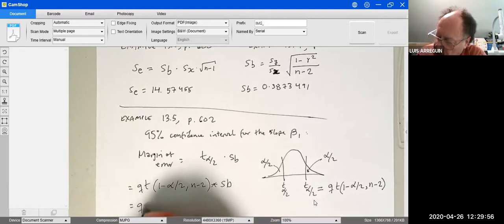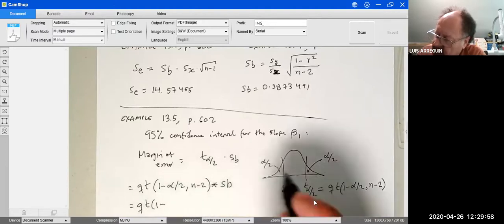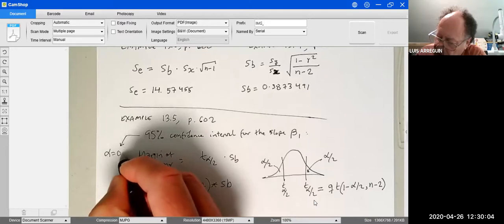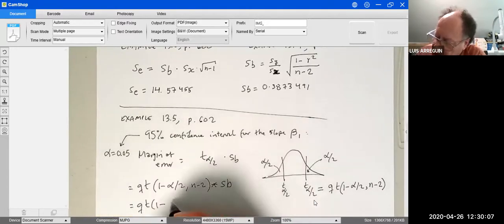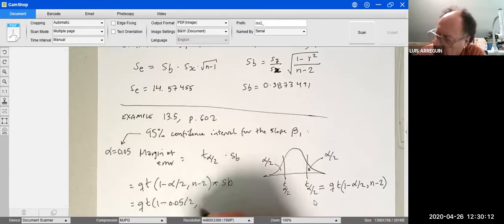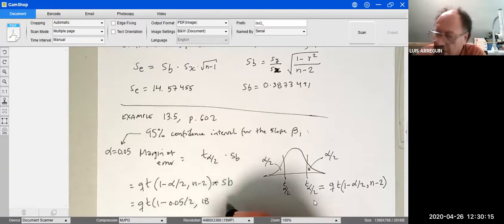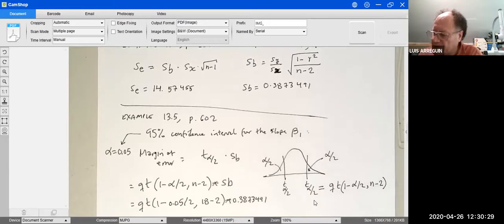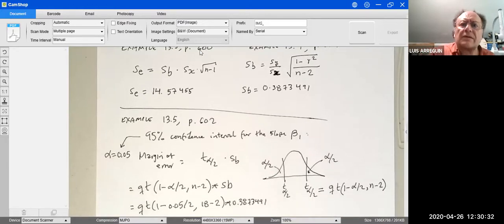So it's going to be qt of 1 minus alpha over 2. If you have 95% confidence, alpha is 0.05. You know this from previous exercises. So we're going to write here 1 minus 0.05 over 2, comma, we have 18 pairs, minus 2, and then we're going to multiply by SB, which is 0.3873491. Let me do this by using R. So let's move on to our R console.